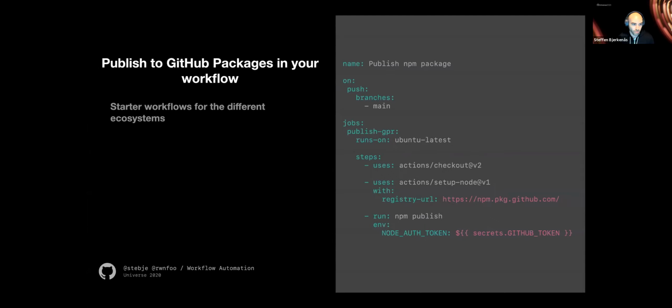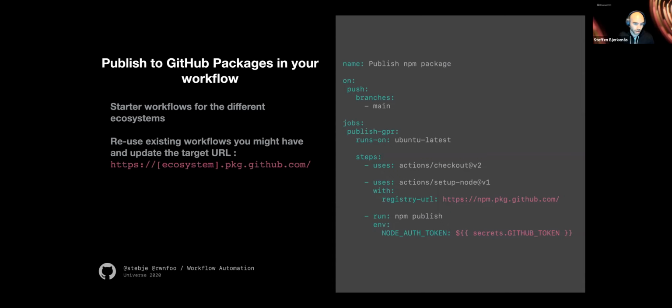Because we have starter workflows for different ecosystems, not only NPM, also for Ruby, for Maven and Gradle, and so forth. So if you go to that Actions tab again and search for it, chances are you are going to find something that suits your need. You can also reuse existing workflows that you might have in GitHub Actions by updating the target URL, which we showed on the earlier slide.